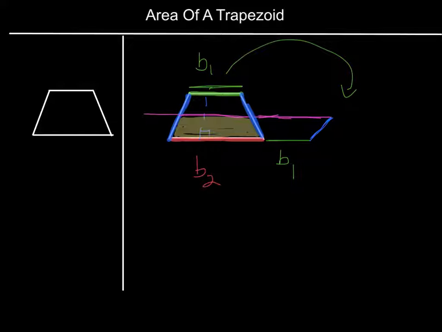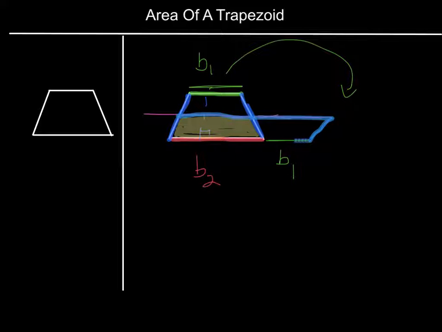So now what I have is a new trapezoid, a parallelogram. And the parallelogram is denoted by this area, or this shape right here. Whoops, I'm going to do this in highlighter.